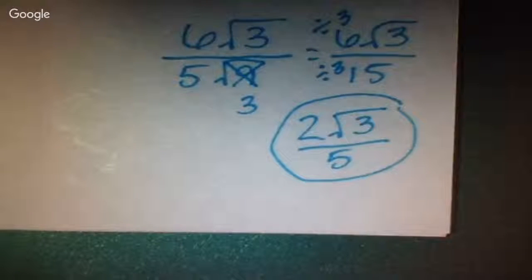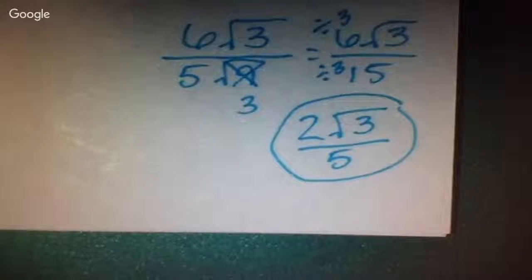Square root of 9 is still 3, so this is still 3 square roots of 12 over 15. Oh, I see. 3 and 15 reduce to 1 over 5.